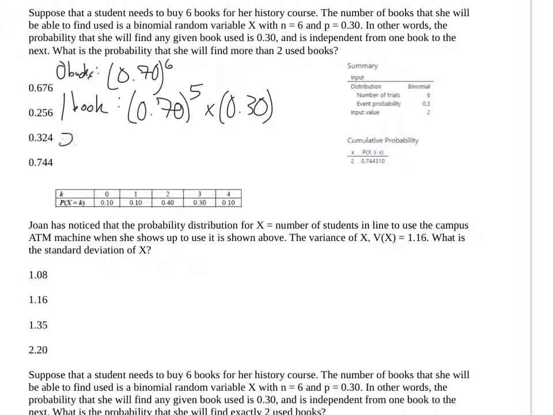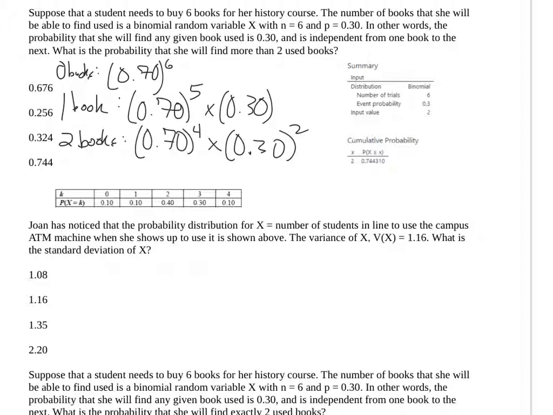And finally, the probability that she gets 2 used books is 0.70 raised to the 4th times 0.30 raised to the 2nd power.